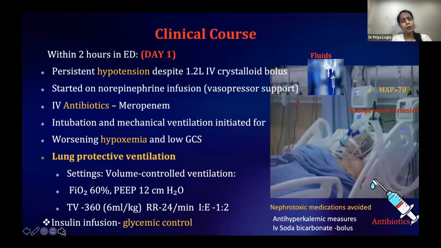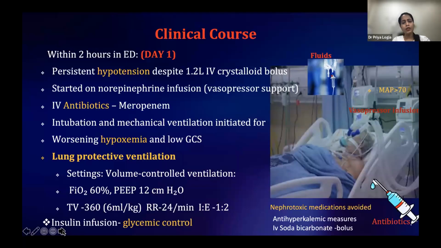Further clinical course, in the emergency, she received IV fluids, almost 1.2 liters of crystalloid, based on the fluid status of the patient. It was individualized, and she was started on norepinephrine infusion, and she also received IV broad spectrum antibiotics.